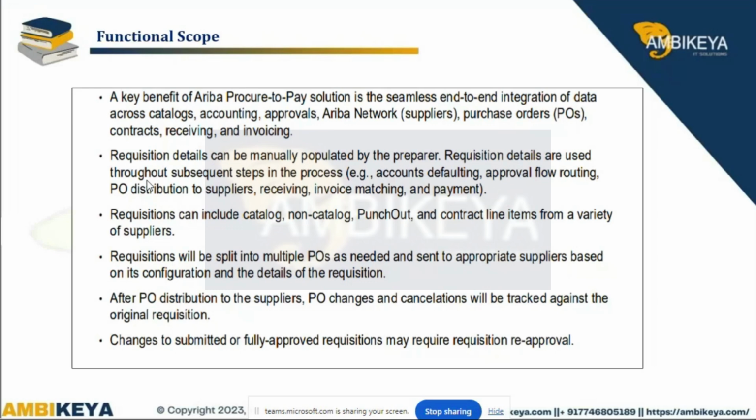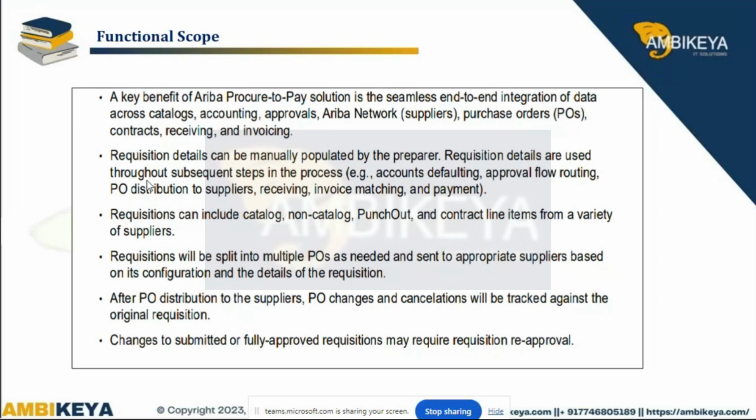What exactly are the requisition line items? You will have catalog items, non-catalog items, punch out items, which are also one of the catalog types, and contract line items. Requisitions can be split into multiple POs based on the line item types, catalog or non-catalog, or based on different suppliers.